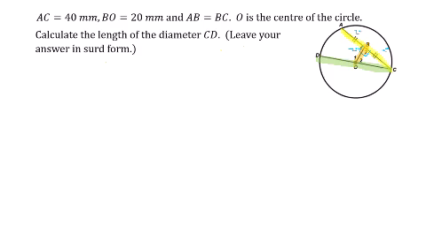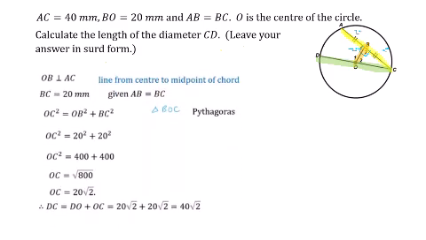So the first step is to say OB is perpendicular to AC. This is a line from the center to the midpoint of the chord, and BC is equal to 20 millimeters, which is given, and AB is equal to BC. This is also given. So we figured this out using the diagram.